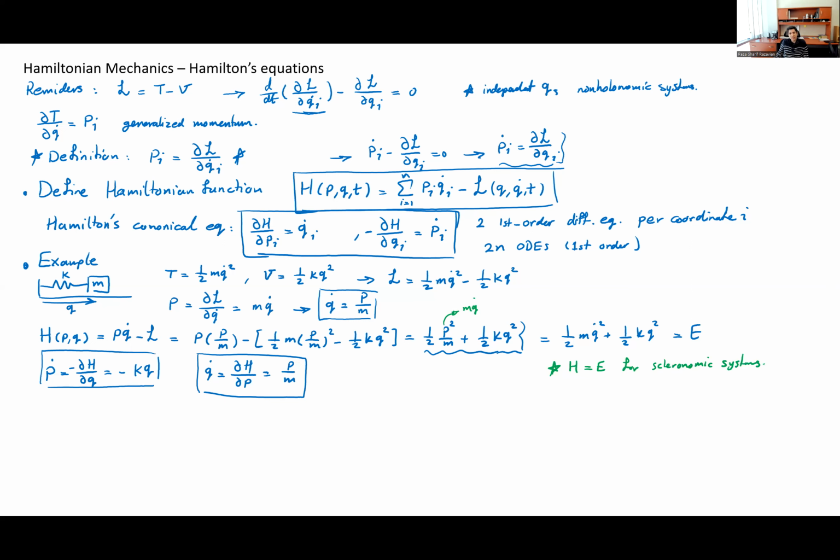These scleronomic systems are those systems where time does not appear in the equations explicitly.